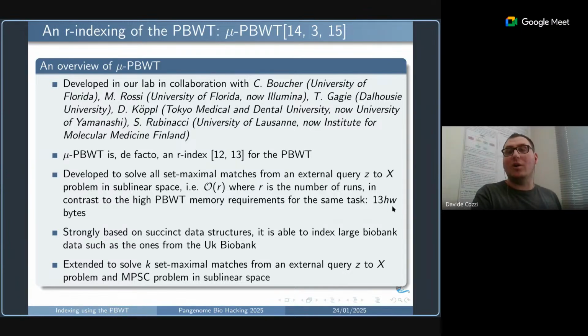And we wanted to outperform these 13 bytes per base. That was the strong trade-off on using Durbin's algorithm. This data structure is strongly based on such a data structure, so it's really light, but really fast to query. We also extended its use to solve the K-set maximal matches and the MPSC problem.